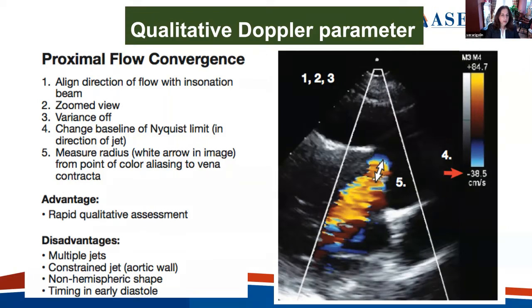And then we want to measure the radius from the point of aliasing to the vena contracta, as is shown in this arrow over here. And this provides a rapid qualitative assessment. The disadvantages are that you can't do this with multiple jets, eccentric or constrained jets, those with a non-hemispheric PISA, or timing in early diastole.